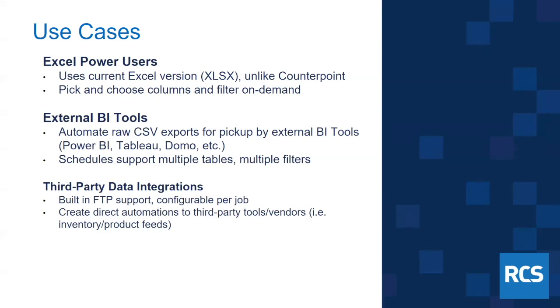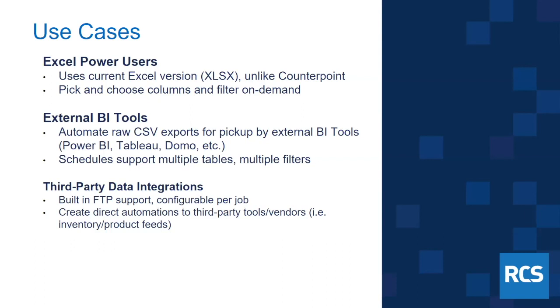And I touched on this in the previous slide, but again, support for multiple tables. So if you have a Power BI that looks at maybe your inventory and your adjustment history and all of these other things combined, you can just set up one job and have that as kind of a package. And it also supports filters, just like Data Interchange.